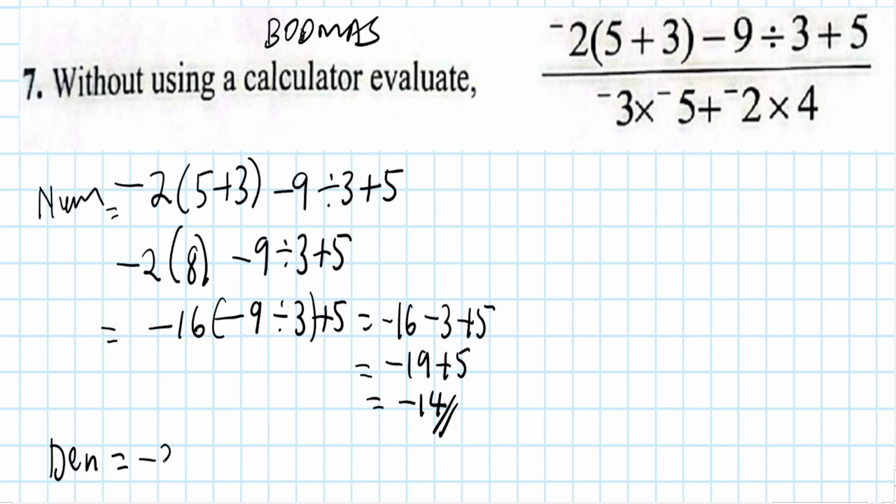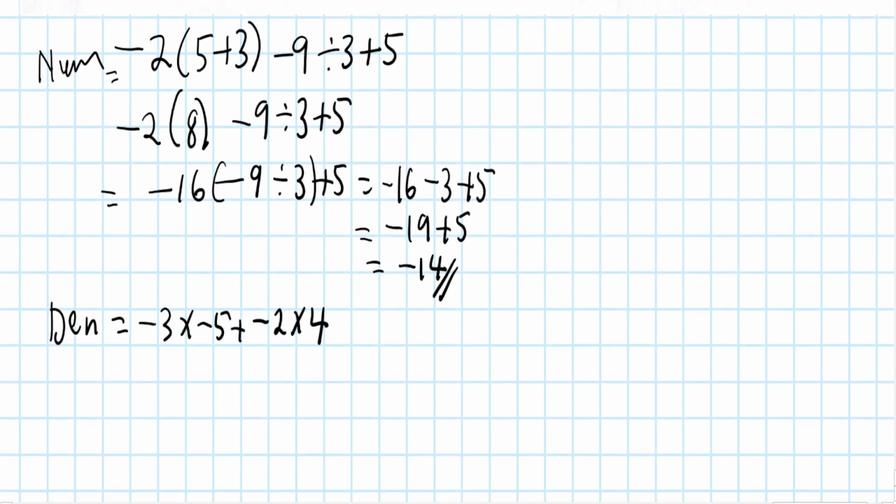The denominator will be minus 3 times minus 5 plus minus 2 times 4. There's no division and there are no brackets, so we'll just go to the multiplication part. Minus 3 times minus 5 will give you plus 15, and minus 2 times 4 will give you minus 8.